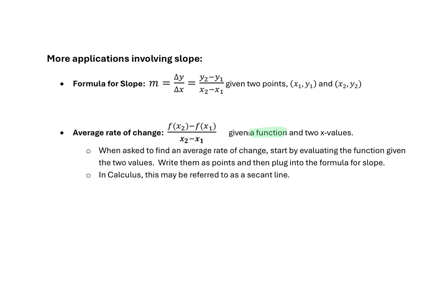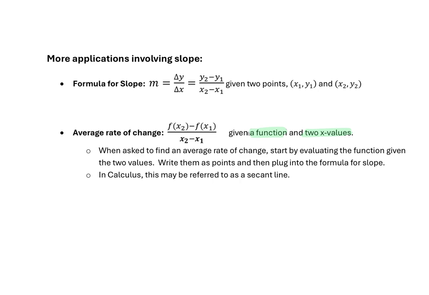Notice that the function can be any kind of function. It can be linear, quadratic, rational, radical, anything like that. One thing I want to point out is we are still using our formula for slope, but we're putting it in function notation.